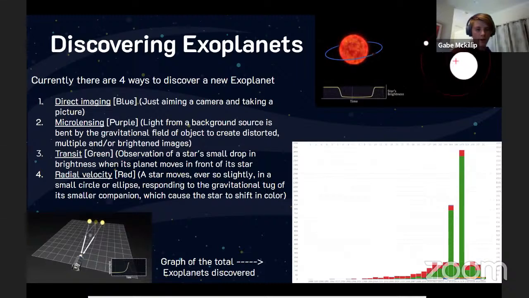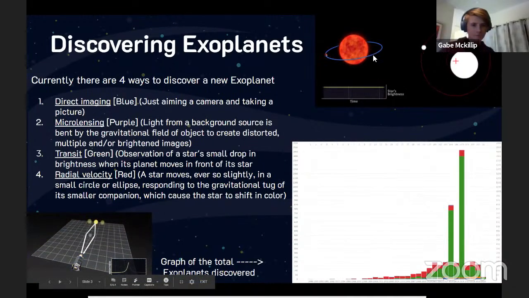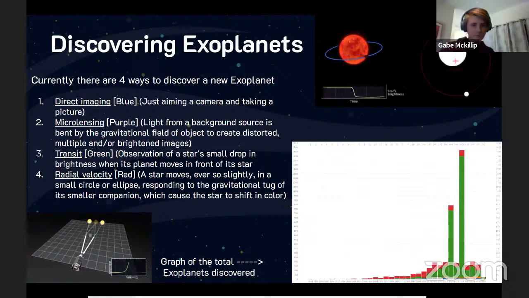And then the most common way is the transit method, where you're observing the brightness, the luminosity, of a star, and when the planet orbits it, the brightness will drop, just ever so slightly.